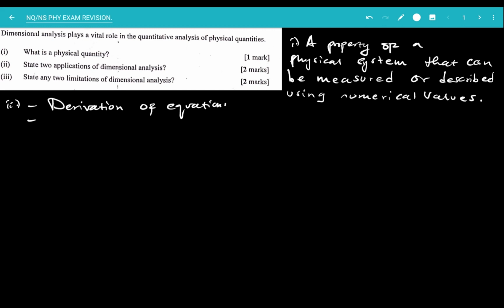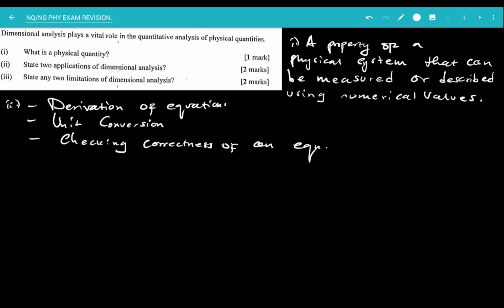The second one we can look at is unit conversion. The last one I can give is simply just checking the correctness of an equation. Put it just like that in simple terms.